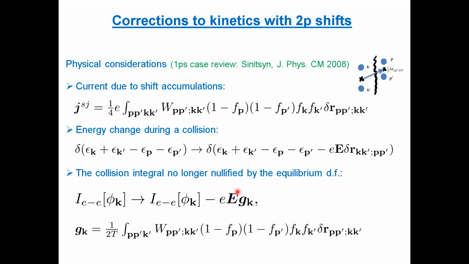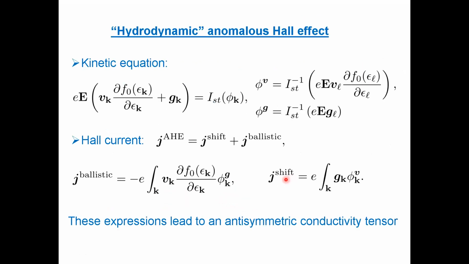So when you put everything together, the usual collision integral, which acts on the deviation of the distribution function from equilibrium, becomes this relaxing kernel and an additional generation term, essentially, that you must take into account in the kinetics of such electrons.